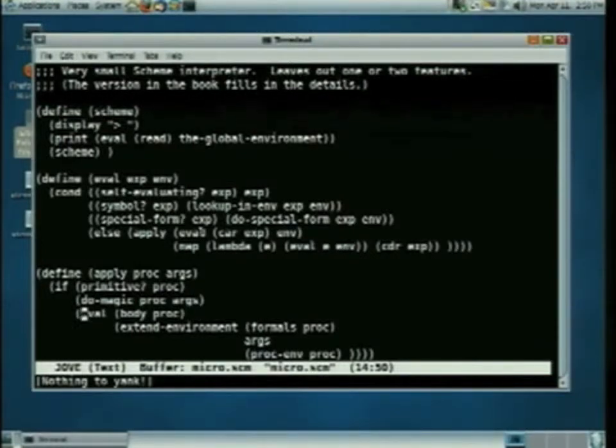For example, data abstraction isn't boring, although writing selectors is. So in other words, the idea that you can have an abstract data type, like a procedure, say, where we have these selectors, body, and proc-env, and formals, the fact that we can have such a representation is interesting.